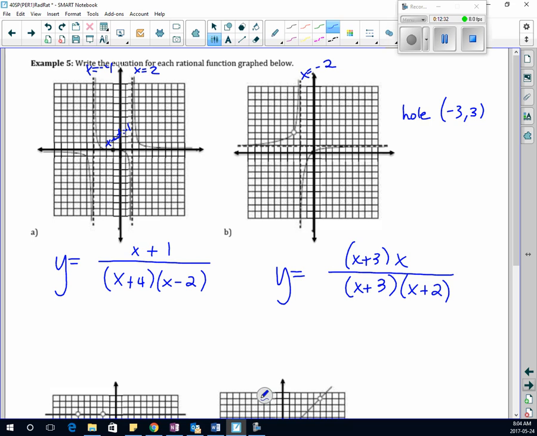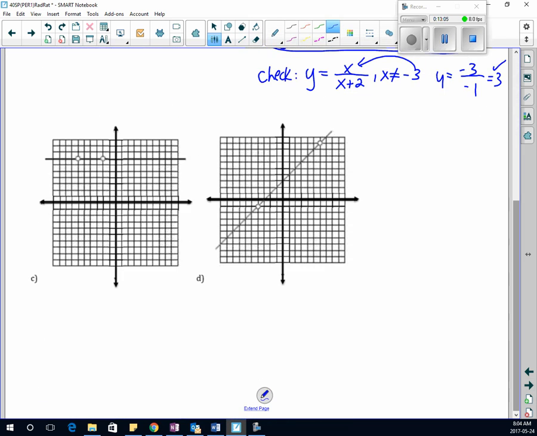So if we end up canceling the x plus 3 and we plug that in, do we get negative 3, 3? So let's check. y equals x over x plus 2, where x cannot equal negative 3. If I plug the negative 3 in, I get y equals negative 3 divided by negative 1, which gives me 3. So that checks. So we're all good.